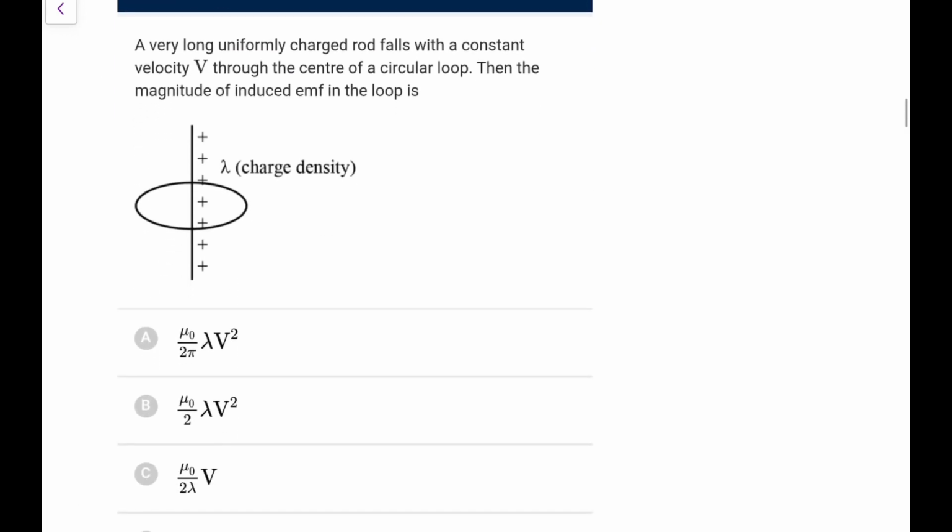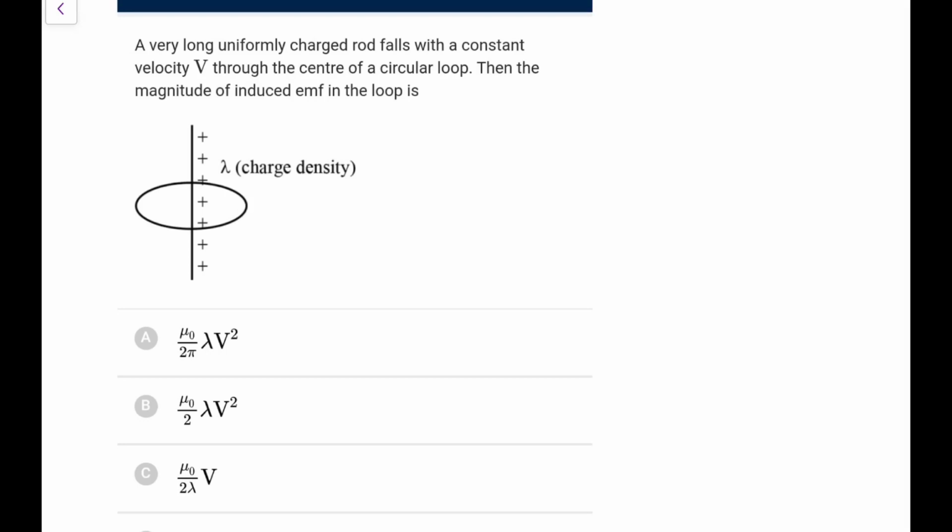A very long uniformly charged rod falls with constant velocity through the center of a circular loop; then the magnitude of the induced EMF in the loop is? As the charged rod is moving with a uniform velocity, the magnetic field it creates would be a uniform field.